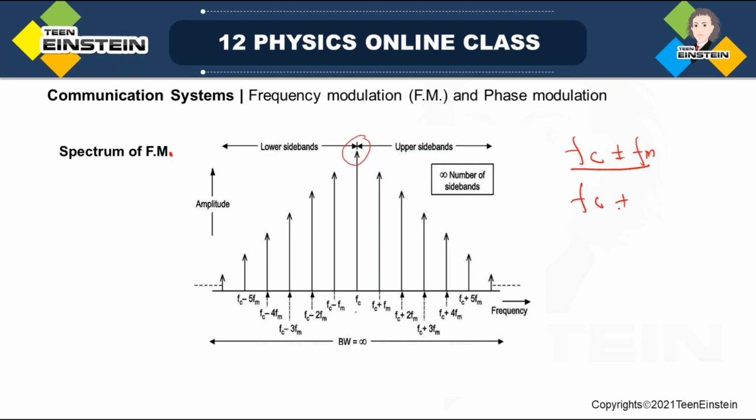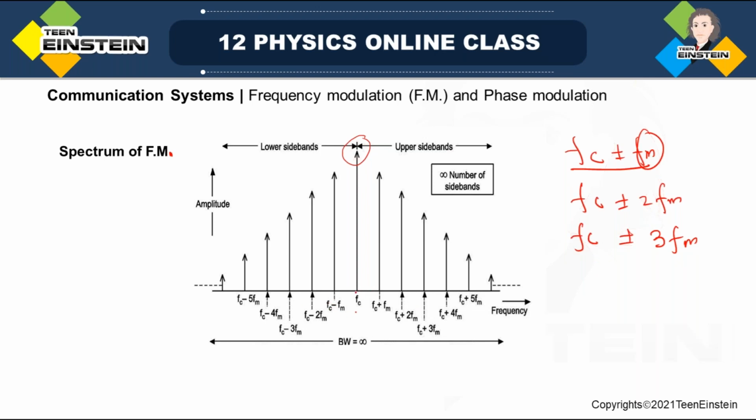What is this fm? fm is the frequency of the modulating signal. So you have side bands fc plus or minus fm, fc plus or minus 2fm, plus or minus 3fm.